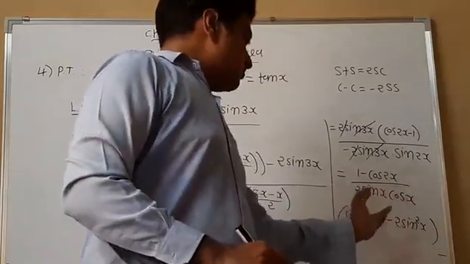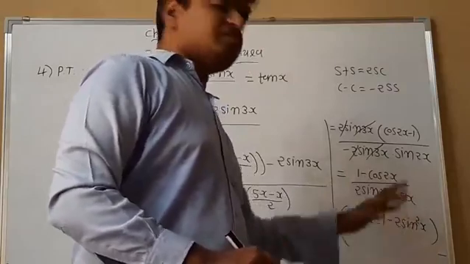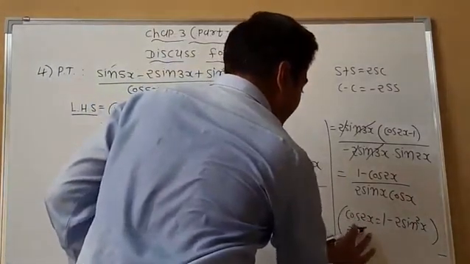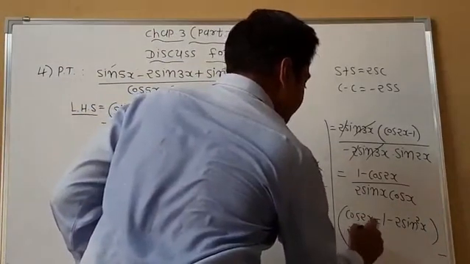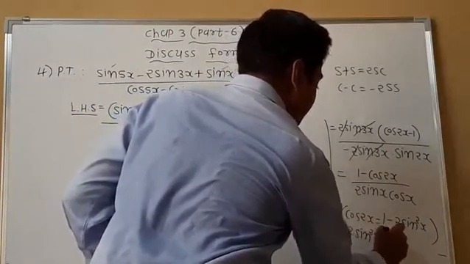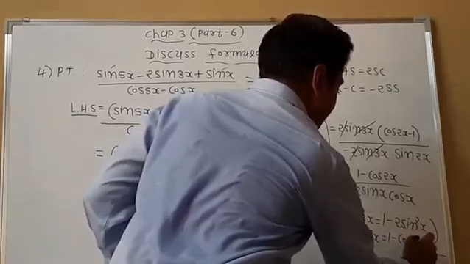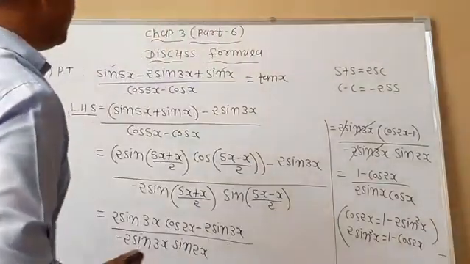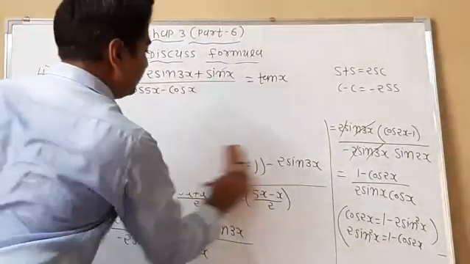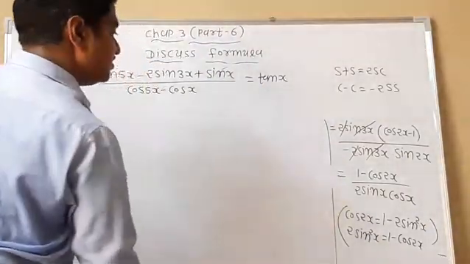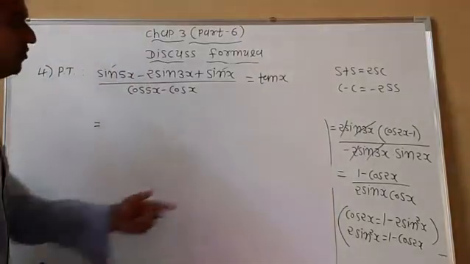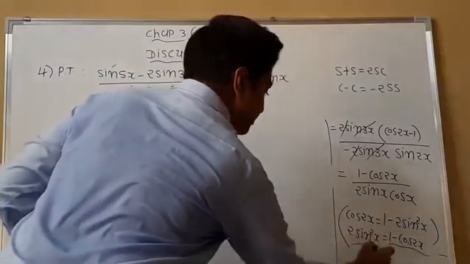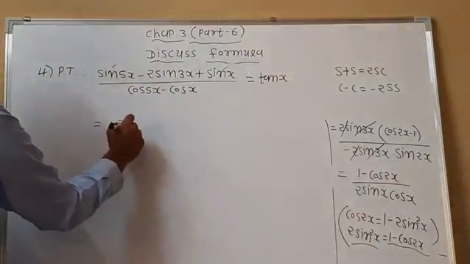Now 2 sin square x written this side and the cos 2x written the other side. So 2 sin square x is equal to 1 minus cos 2x. So in place of 1 minus cos 2x, write 2 sin square x.